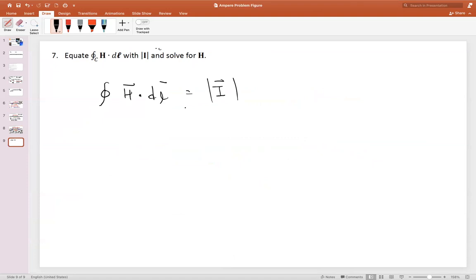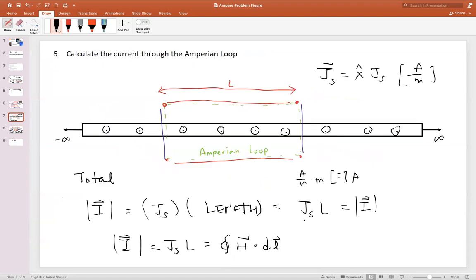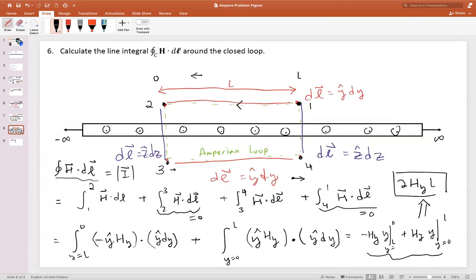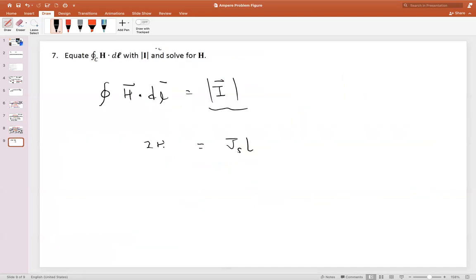So from part 5 of this, we arrived at the total current as JsL. And again, this is just a magnitude. And then in part 6, we found that the left-hand side, this closed path integral, is 2HyL.